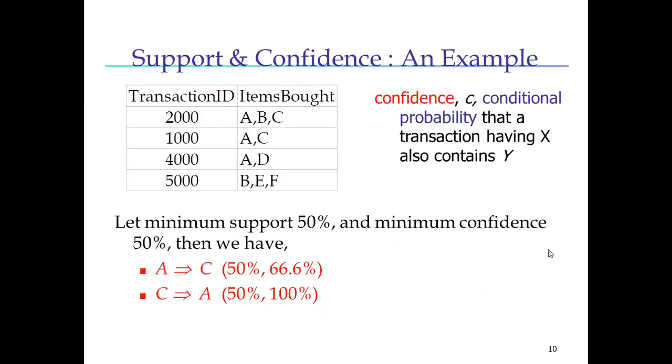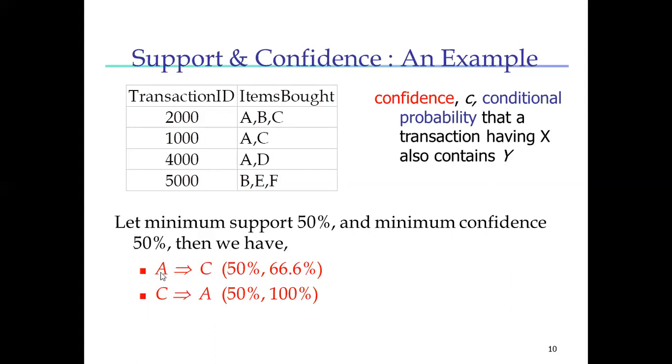So, support and confidence, an example. A data set is given with transaction IDs, four transactions, and their items. Confidence is the conditional probability that a transaction having X also contains Y. Let the minimum support be 50% and the minimum confidence be 50%.